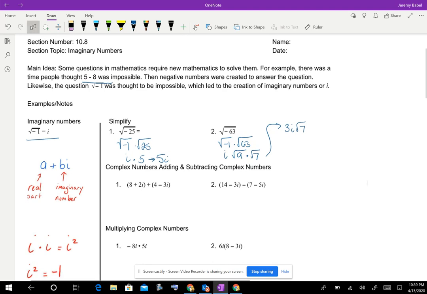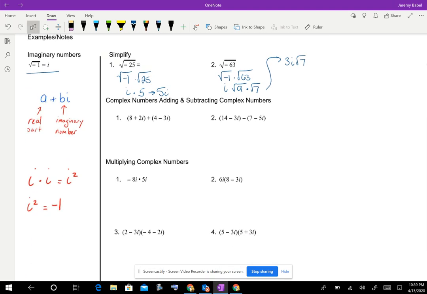Next thing we'll look at is adding and subtracting complex numbers. So complex numbers have two parts. They have a real part, which we usually write first, and then the imaginary part, which is the part that has the i attached to it. So in 8 plus 2i, 8 is the real part, 2i is imaginary; 4 is the real part, -3i is the imaginary.